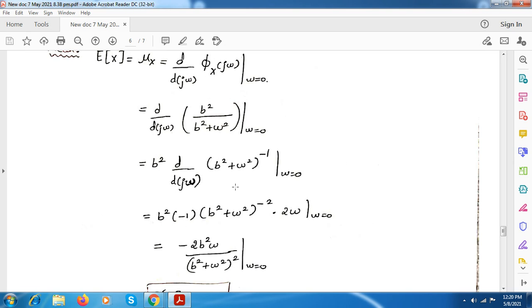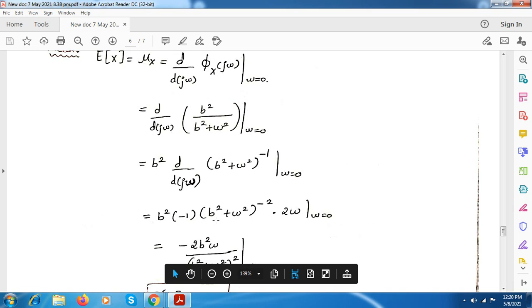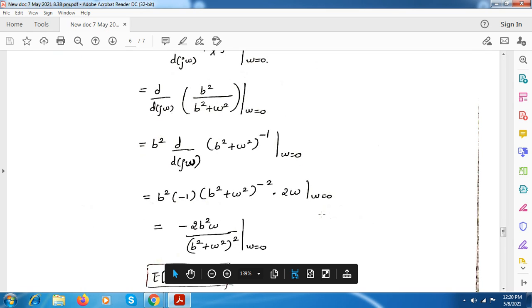If you differentiate this term, this will be minus 1 into b square plus omega square whole to the power of minus 2, and differentiating the constant gives 0, and this will be 2 omega. Then put omega is equal to 0 after this.